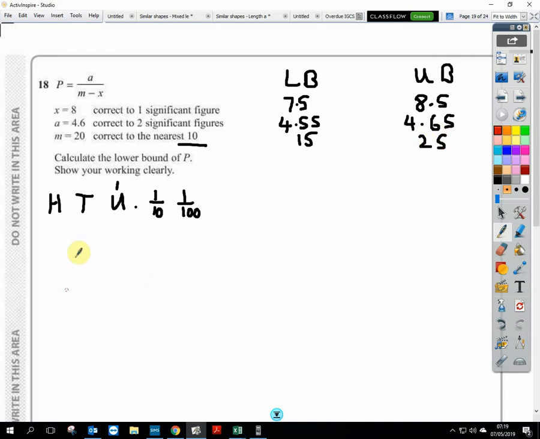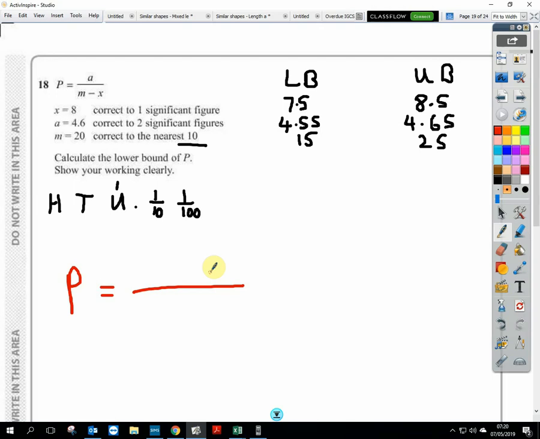So we have a fraction. If you want the lowest value of a fraction, I always like to think about it as a cake, and you're sharing out the cake. That's what dividing means. So if you want everyone to have the smallest amount of cake, which is quite unusual, then you have to have a small cake to begin with, so the smallest number on the top of the fraction, but you're going to divide the cake between a large number of people.